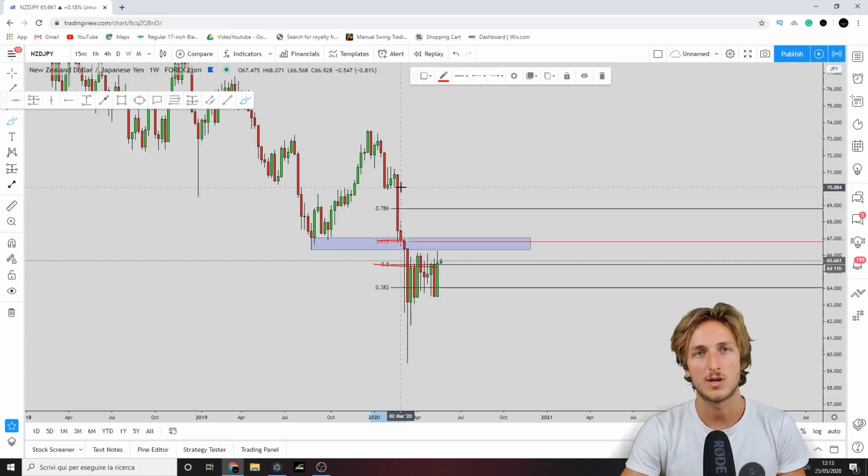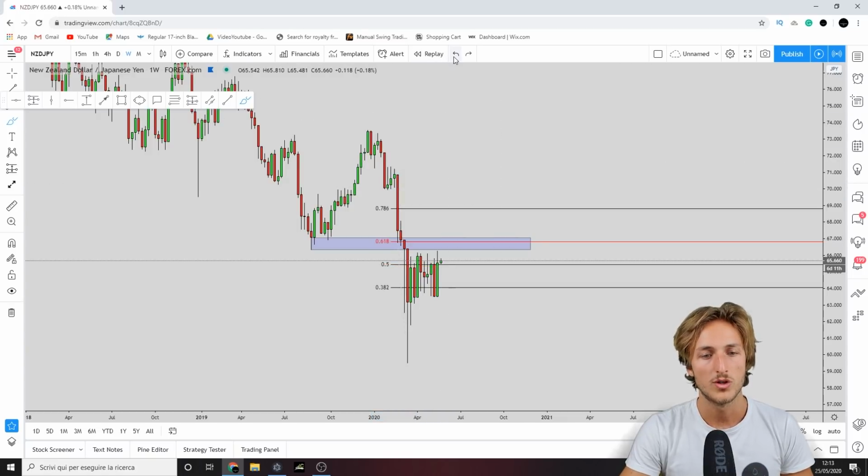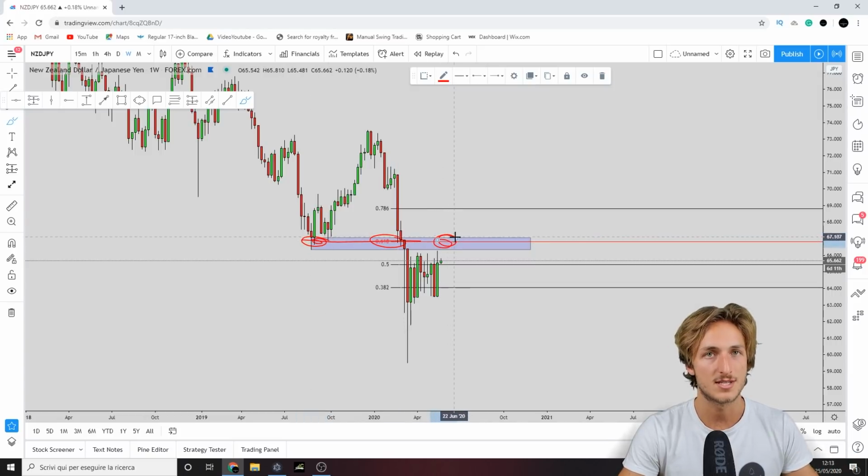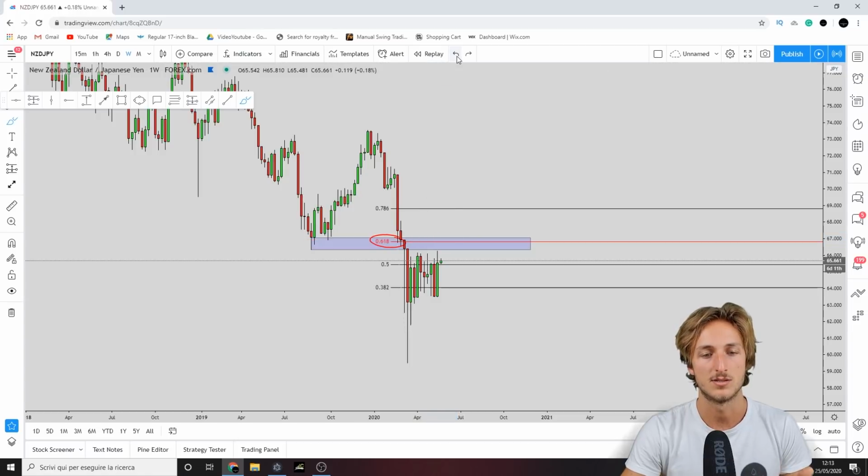And the 0.618 is the golden ratio, the level to which you expect definitely to see the market go. So on the weekly, we have a 0.618 Fibonacci retracement, so the golden ratio lining up perfectly with the structure. So the previous support, now resistance, creating a confluence of resistance exactly at this zone.